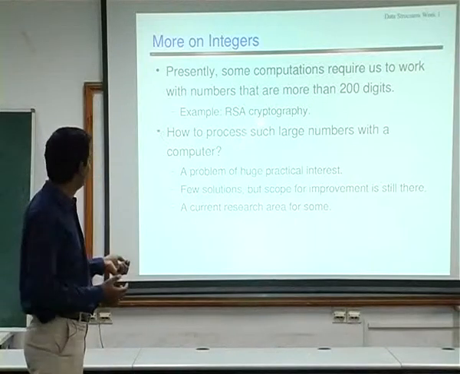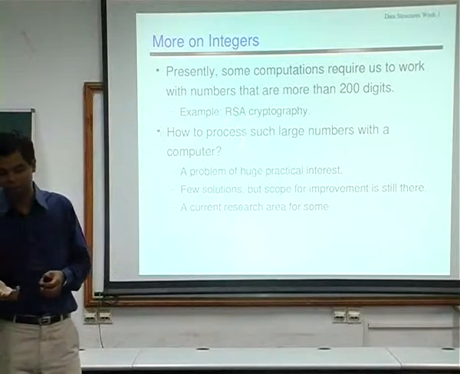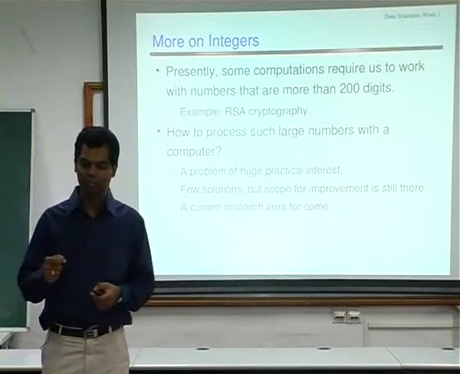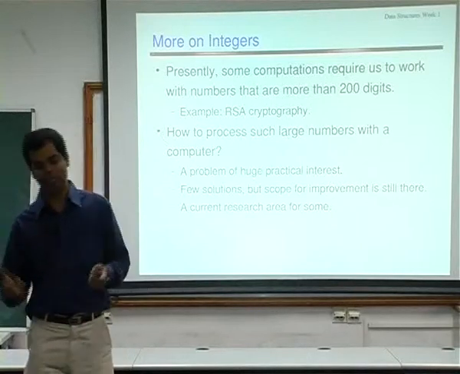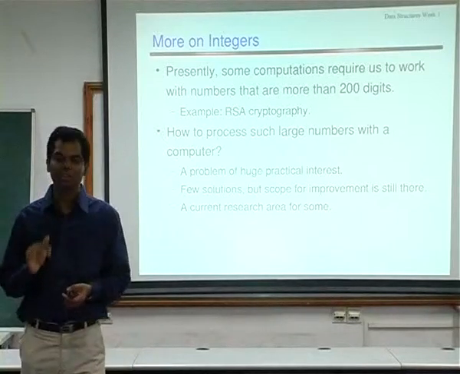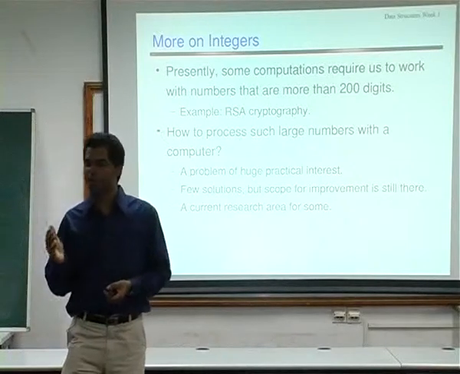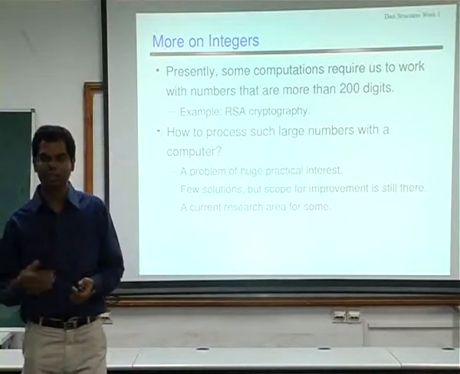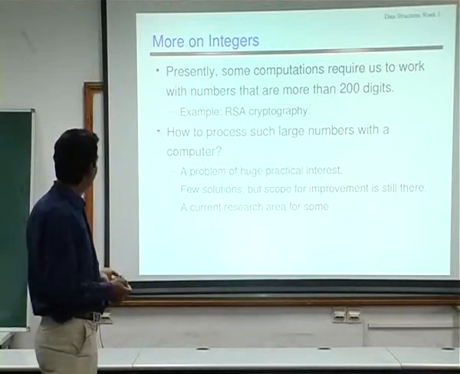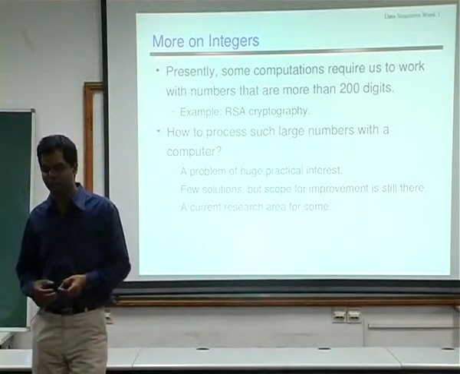One good example is the so-called RSA crypto system, which essentially is used in many of our online transactions also. So whenever you see some bank website or other financial websites where you do money related transactions, you should remember that there is a lot of number crunching that is going on behind the scenes, including possibly the RSA style number crunching, right?